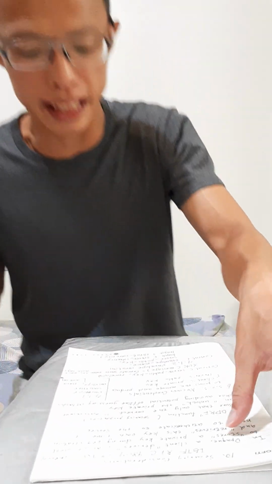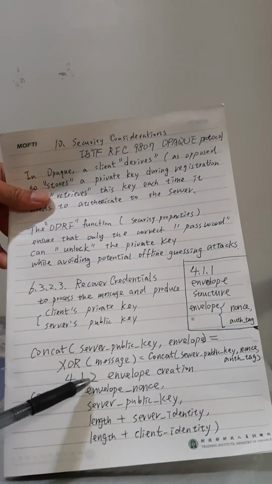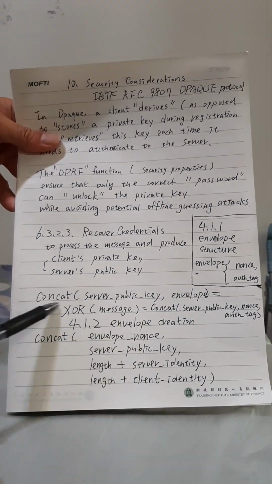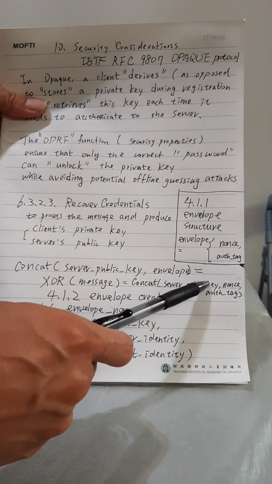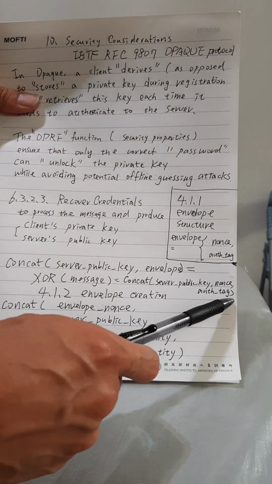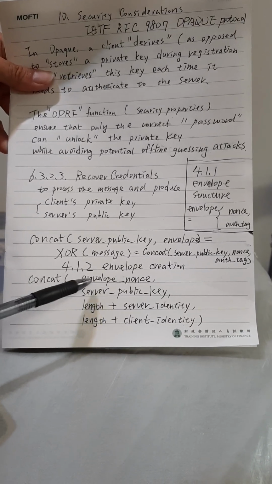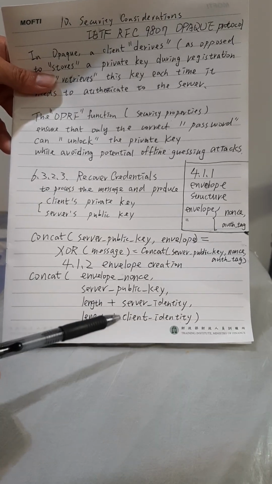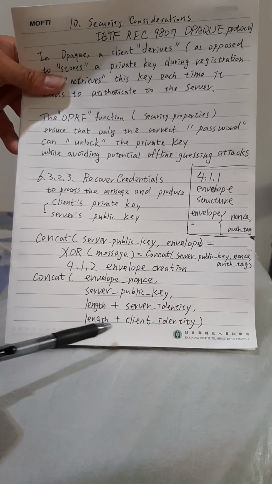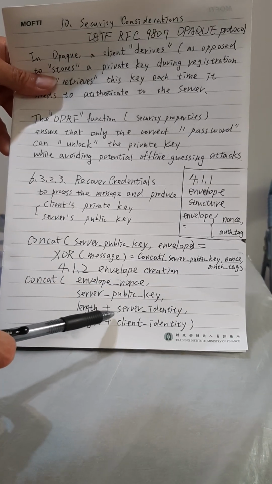And you can see a weakness here: the encryption of the message encrypts the server public key, nonce, and auth stack. But the MAC function covers nonce, server public key, length, server identity, length, client identity, which is not the same.